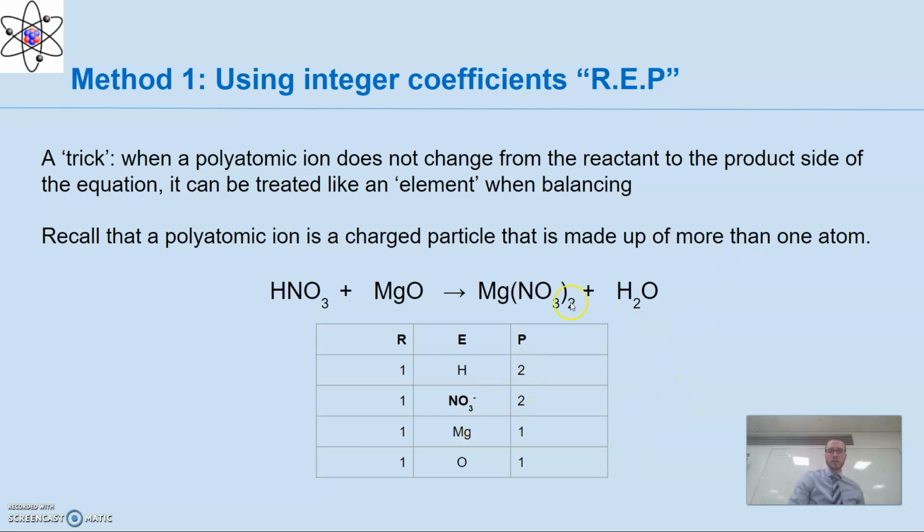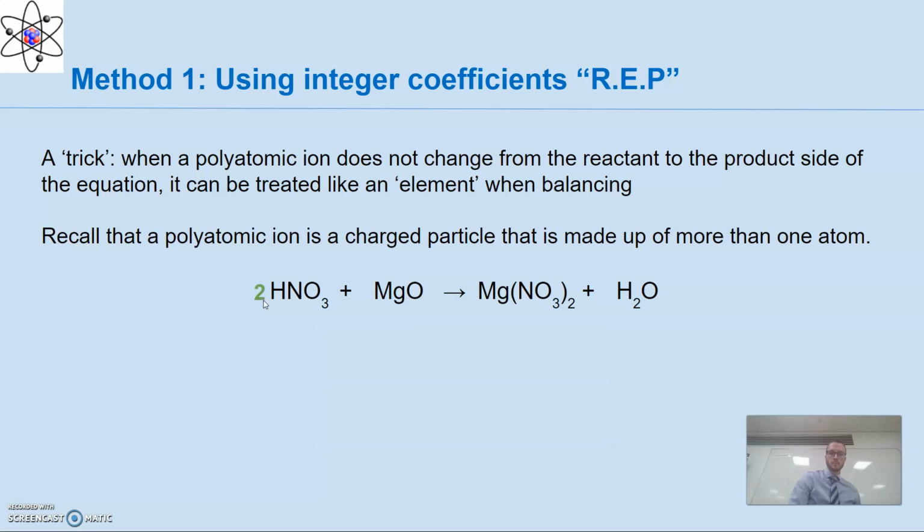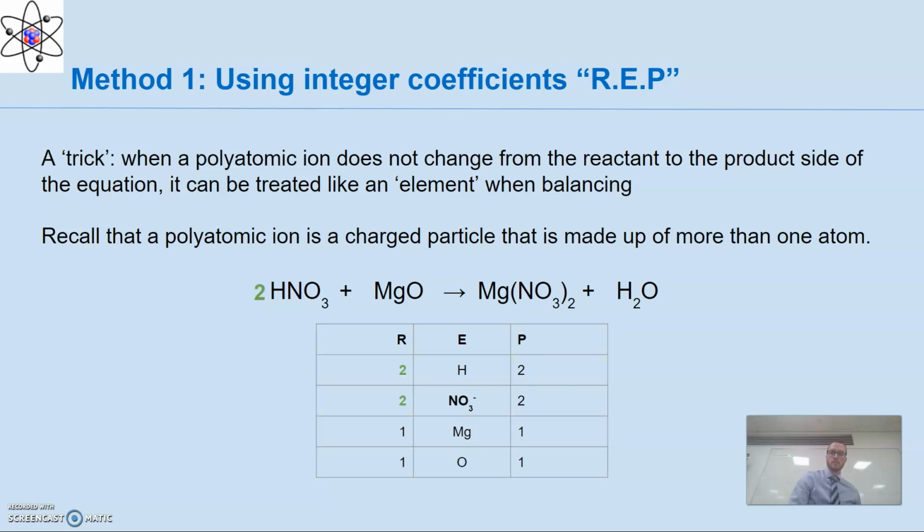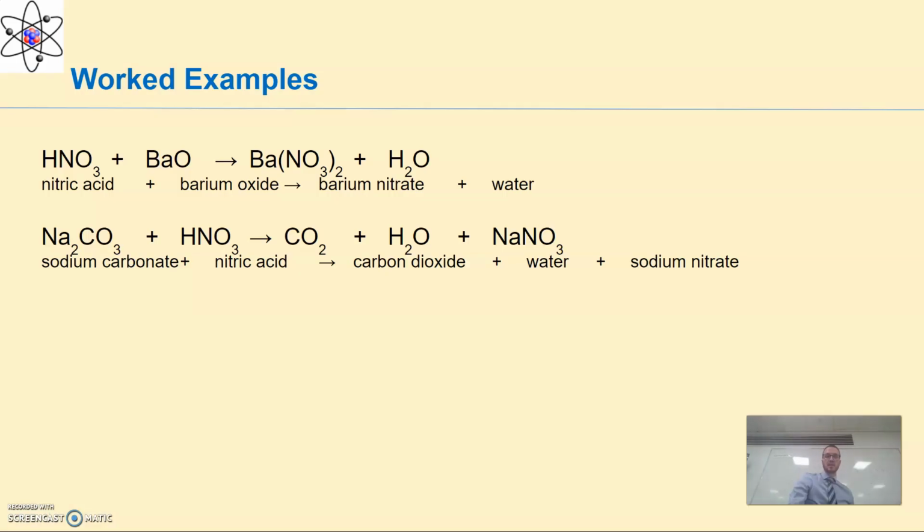You can see I've got 2 lots of nitrate on this side, 1 lot of nitrate on this side. So all I'll need to do is multiply that by 2. And there we go, it's balanced. It still will work if we separate each of the elements out, but that's just a neat little trick. So a couple of examples there.